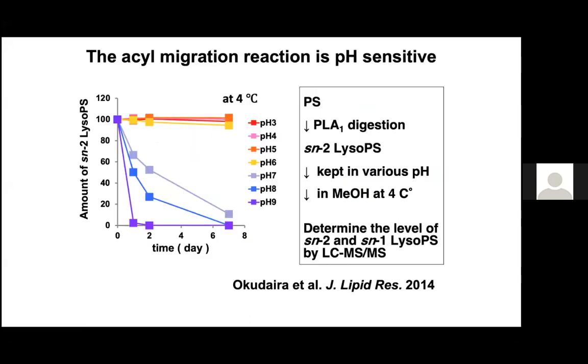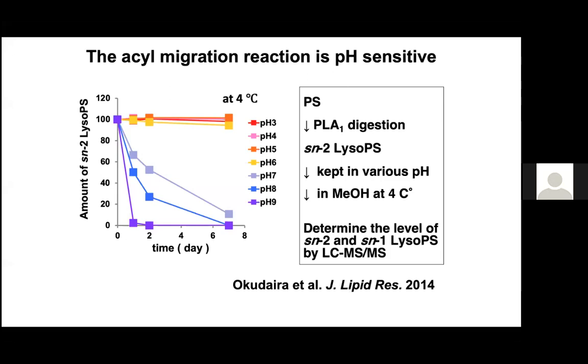To solve this problem, we first searched for a condition in which the acyl migration reaction did not proceed. The answer is very simple. By just bringing the pH of the solvent to a lower pH, the acyl migration reaction was completely blocked.